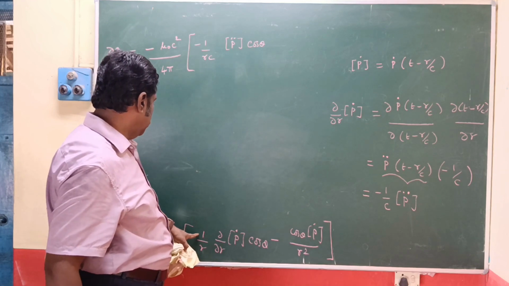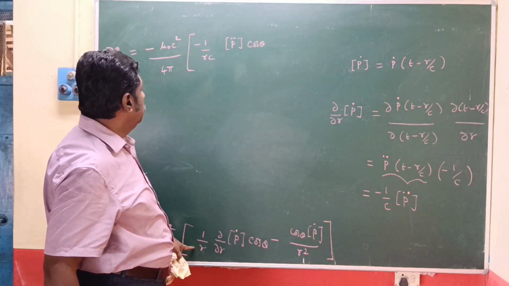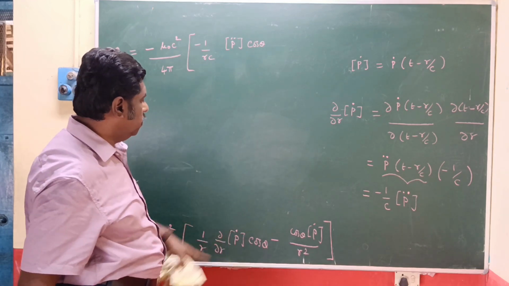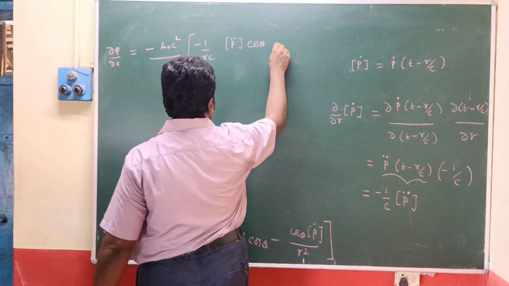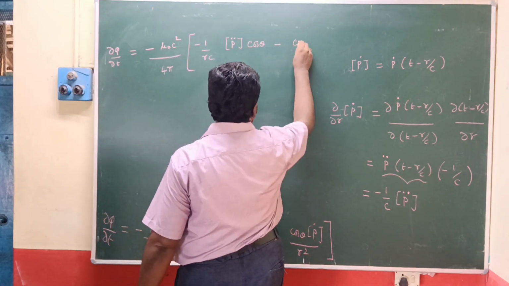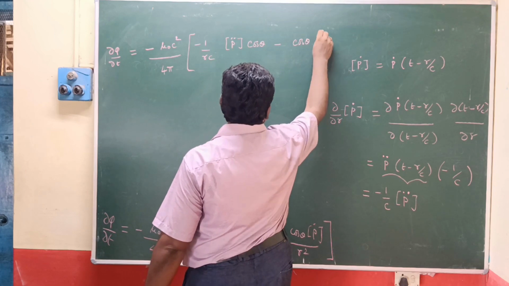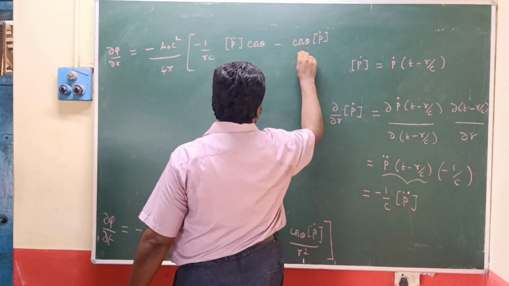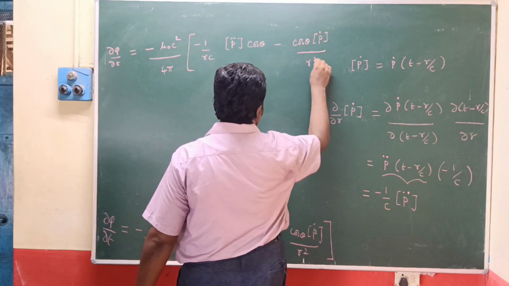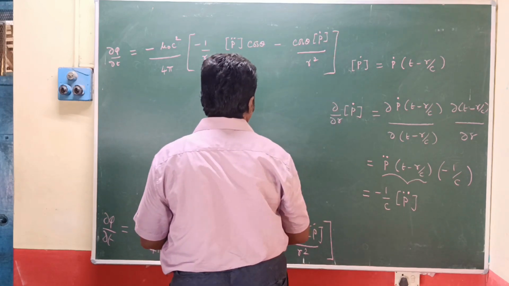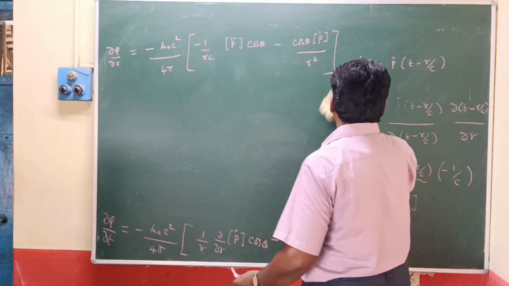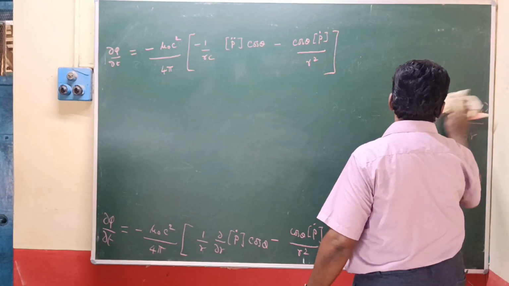So this is changed as −1/(rc) [p double dot] inside the square bracket multiplied by cos θ, minus cos θ p single dot divided by r². This is the value of ∂φ/∂t.